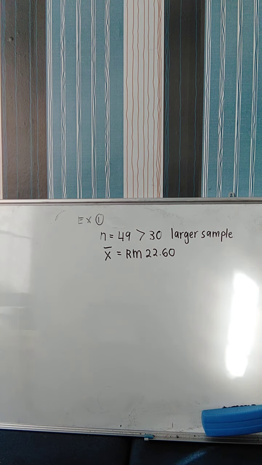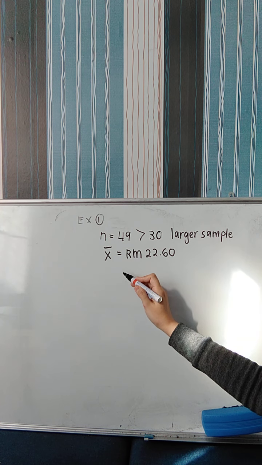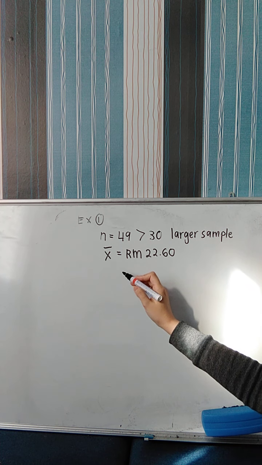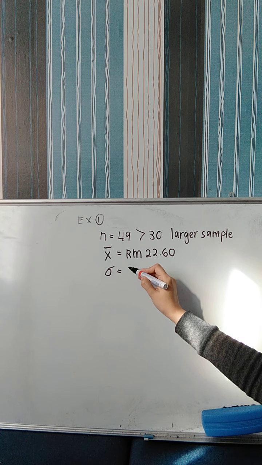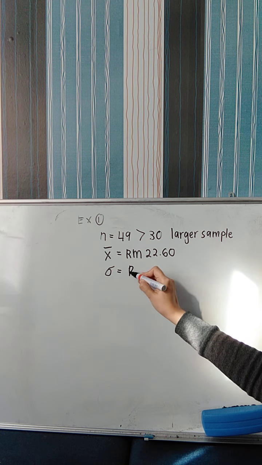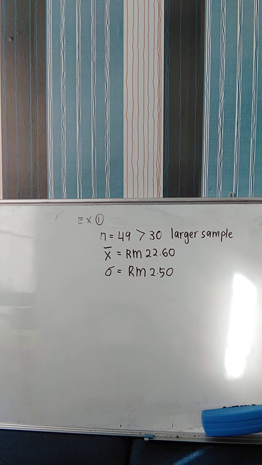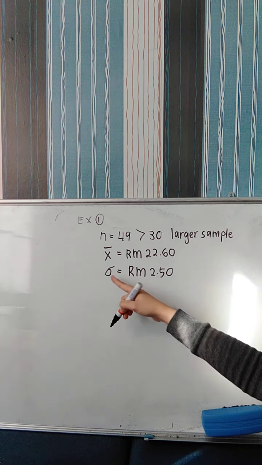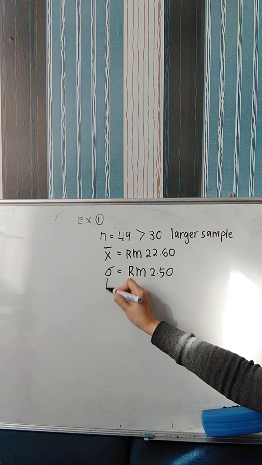Then, assume that the standard deviation is known to be 2.50. This is the sigma, the standard deviation from the population, RM2.50. So the standard deviation is known.